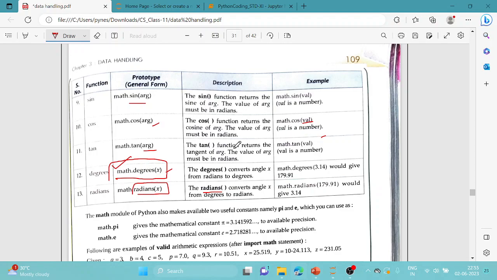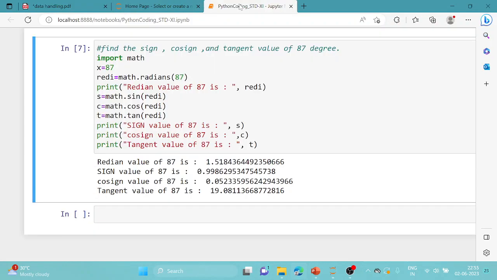Now what is our code telling us to do? Our code says find the sine, cosine and tangent value of 87 degrees. So first of all, we have to convert this 87 degrees into radians. I import math, then x equals 87.